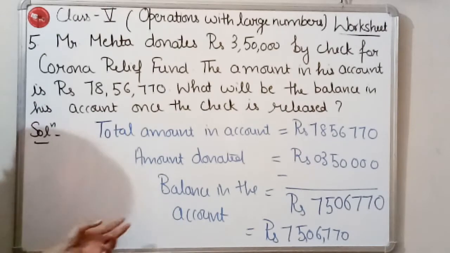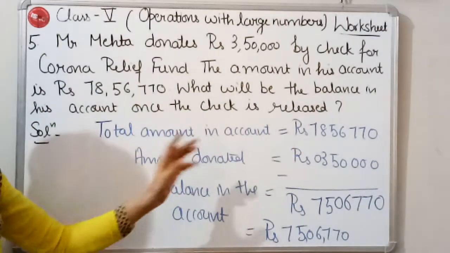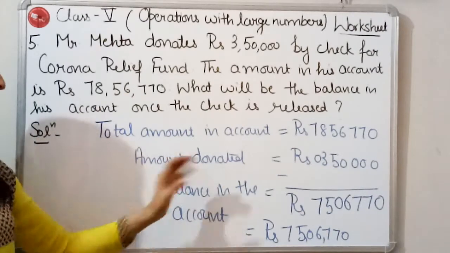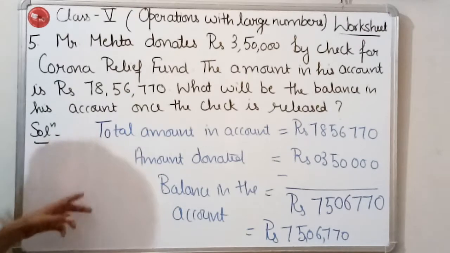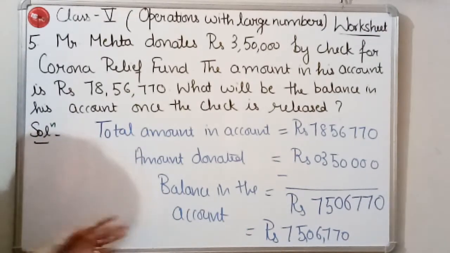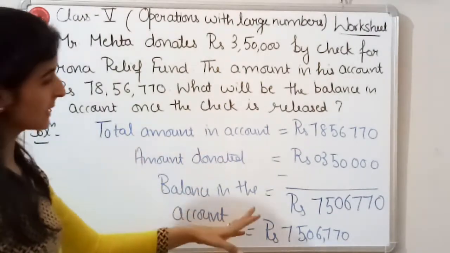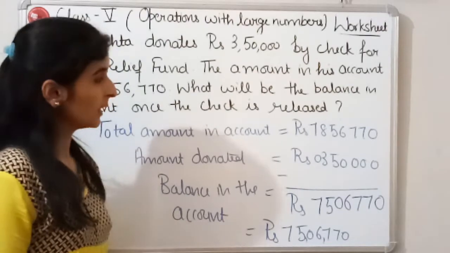What we have done in this question, we were given the total amount in his account and we have given the amount donated by him. Then we have to find out the balance in the account after donation. So balance in the account will be when we will subtract the amount donated from the total amount in the account.